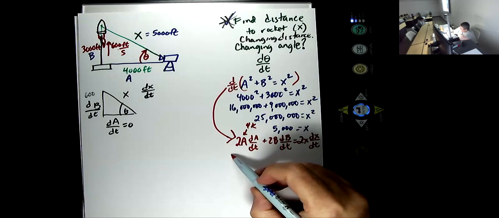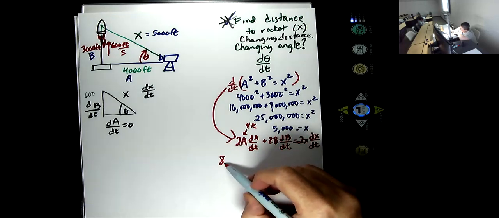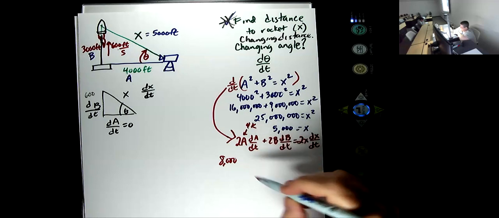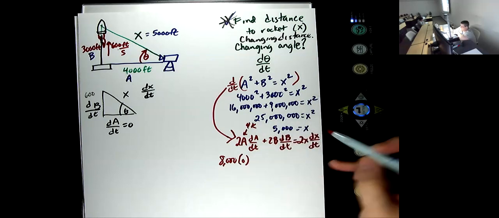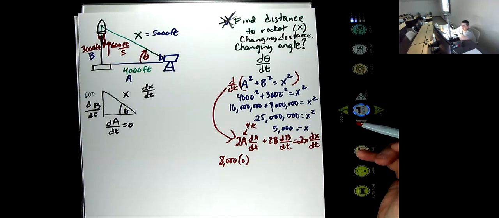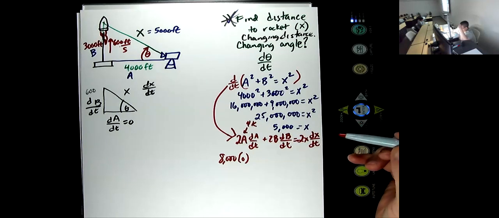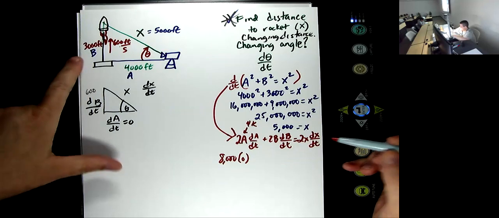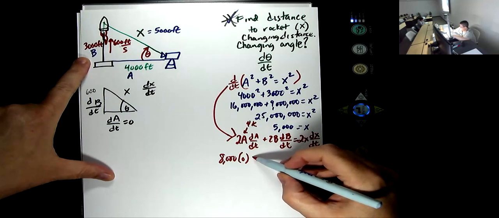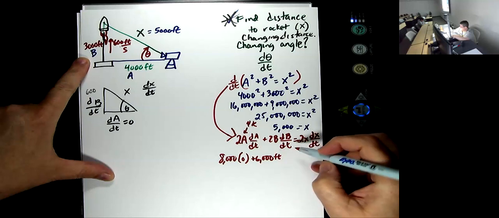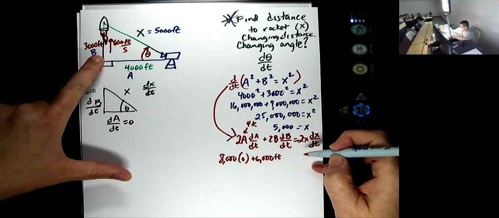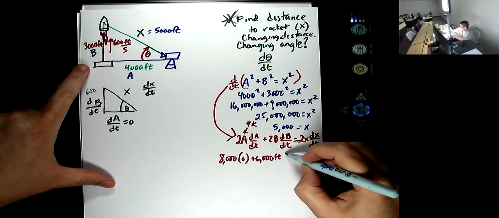So 2 times 4K is 8K. dAdt though isn't changing. That's 0. B was 3,000 feet, so 2 times 3,000 is 6,000 feet. And dB dt is 600 feet per second.